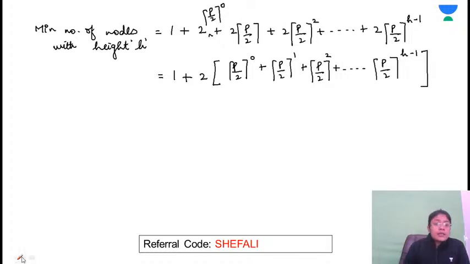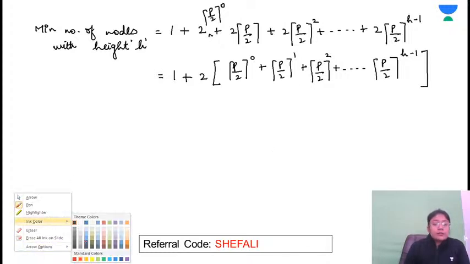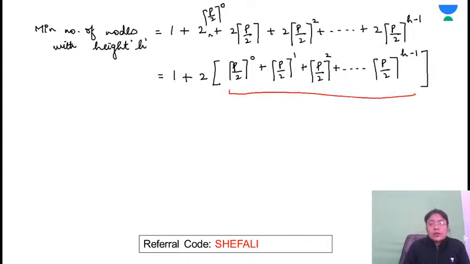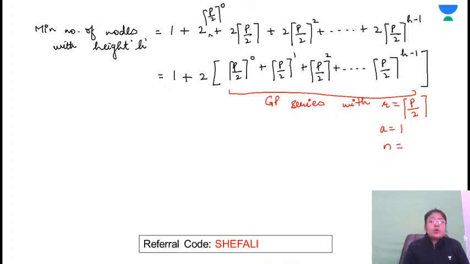This is nothing but a GP series with common ratio p by 2. First term is 1. Number of terms in the series is 0 to h minus 1.